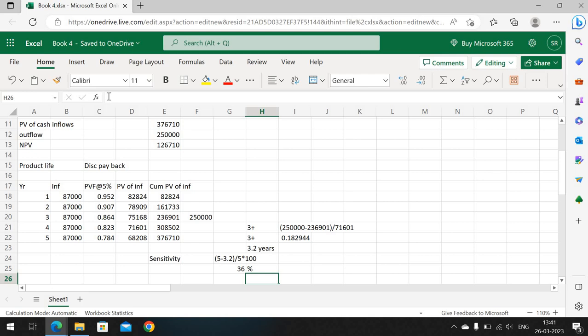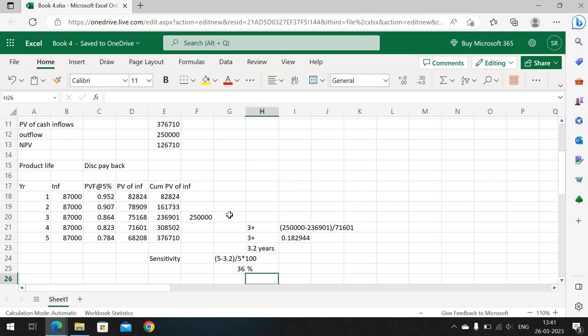If the product life reduces below 3.2 years, we will get a loss in this project, that is, NPV will be negative. So up to 36% the product can lose its life with no impact.